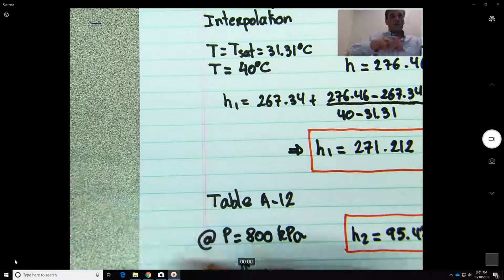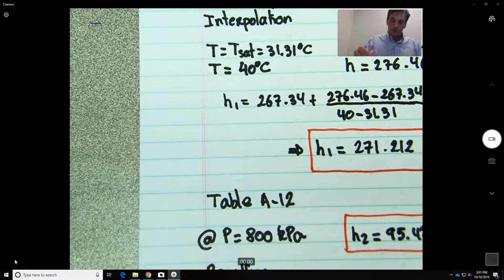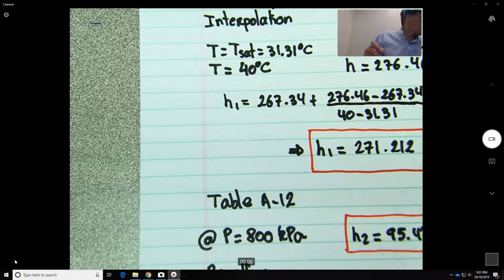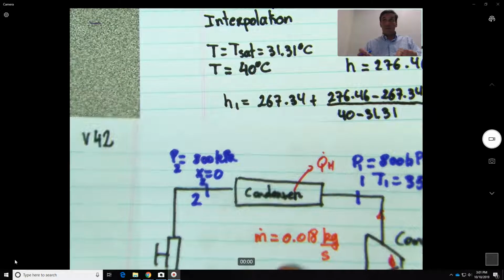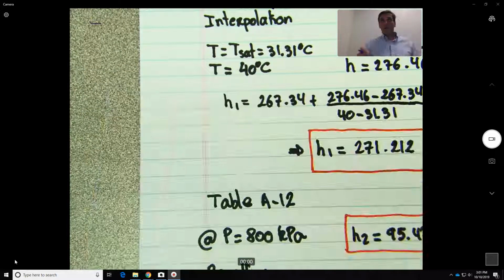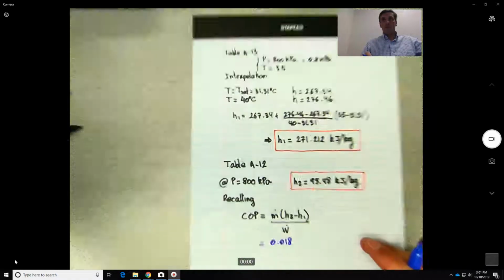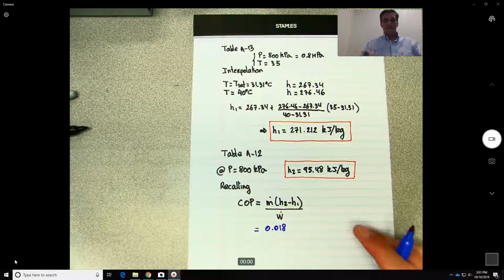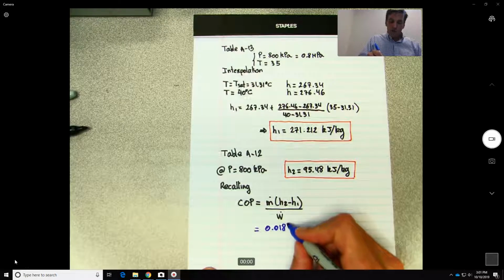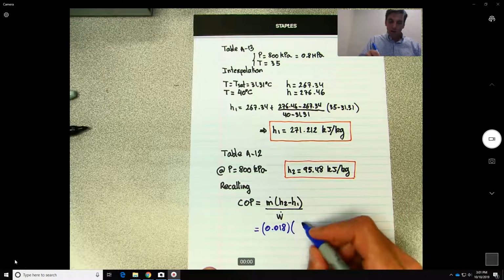So let's see, what do we get for this one? So we know the mass flow was given to us to be equal to 0.018. Okay, I'm getting that from this figure over here. Oops, I forgot to zoom out. Sorry for that.